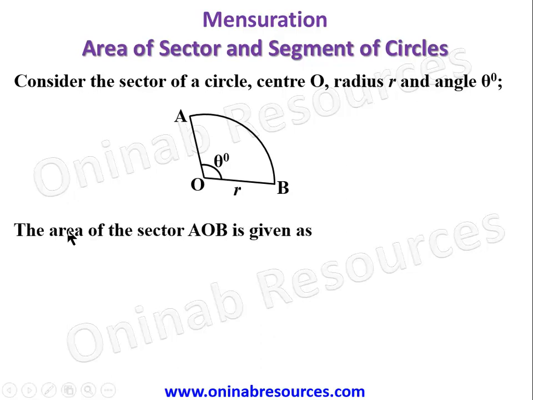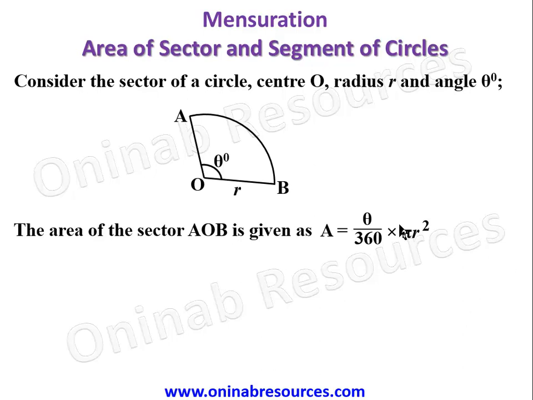Here we said the area of the sector AOB is given as A equals theta over 360 times pi r squared. Remember, in our first video we said this sector is just a fraction of a circle.